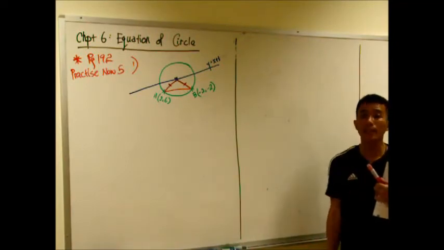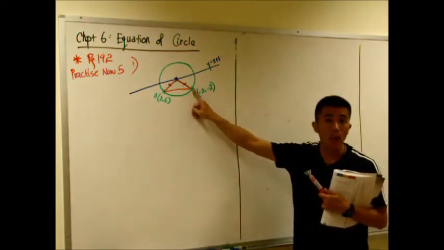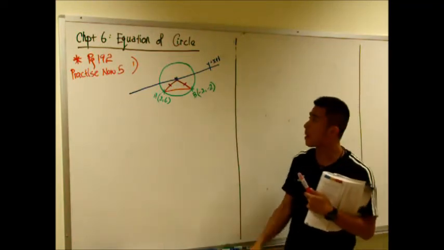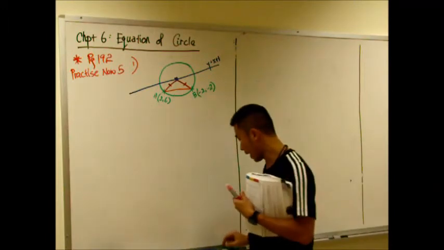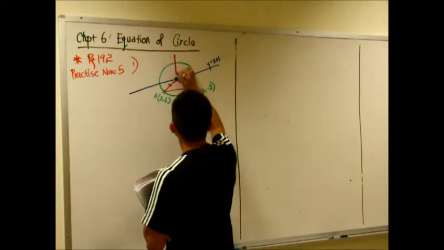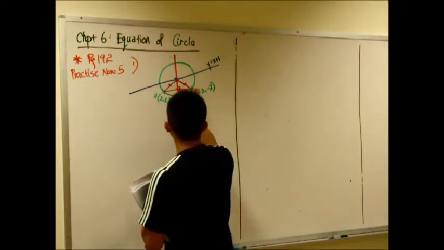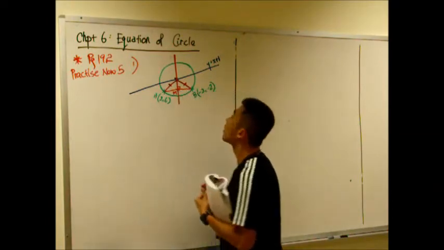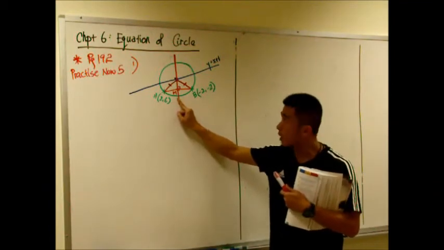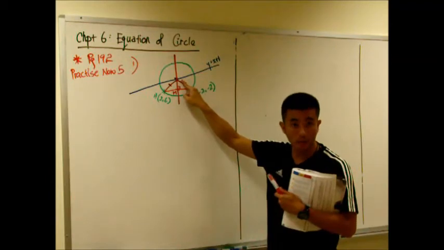And the amazing thing is, whenever there is an isosceles triangle, we can draw a perpendicular bisector that passes through the midpoint of A and B. I'll label this midpoint as N. In other words, the perpendicular bisector also passes through the center of the circle.